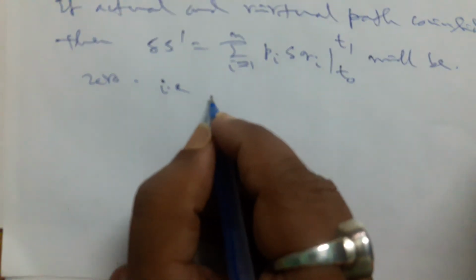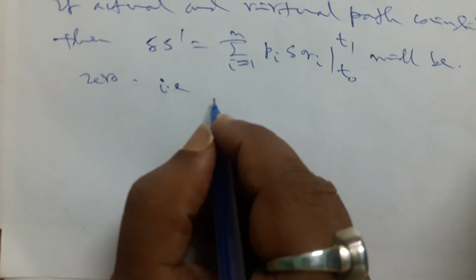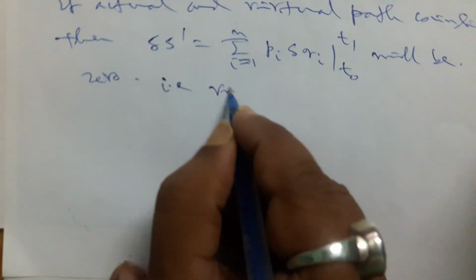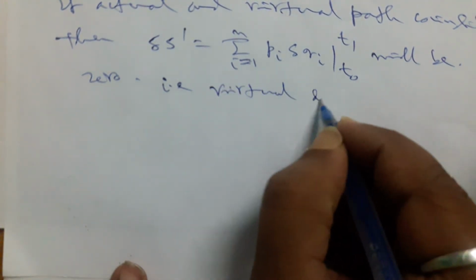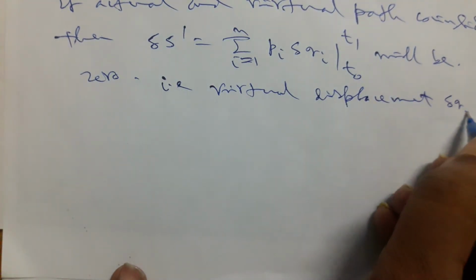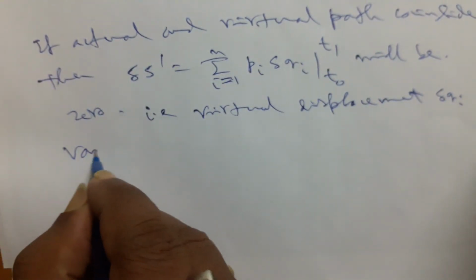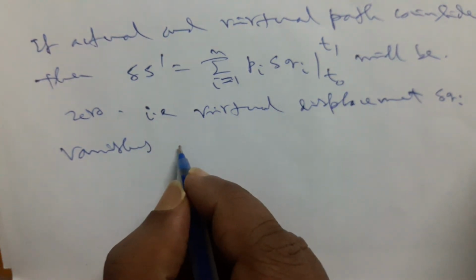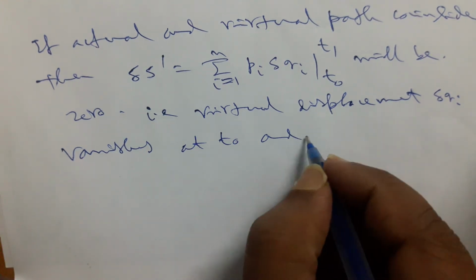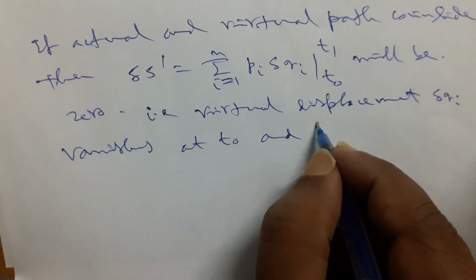That is, the virtual displacement δqi vanishes at t0 and t1.